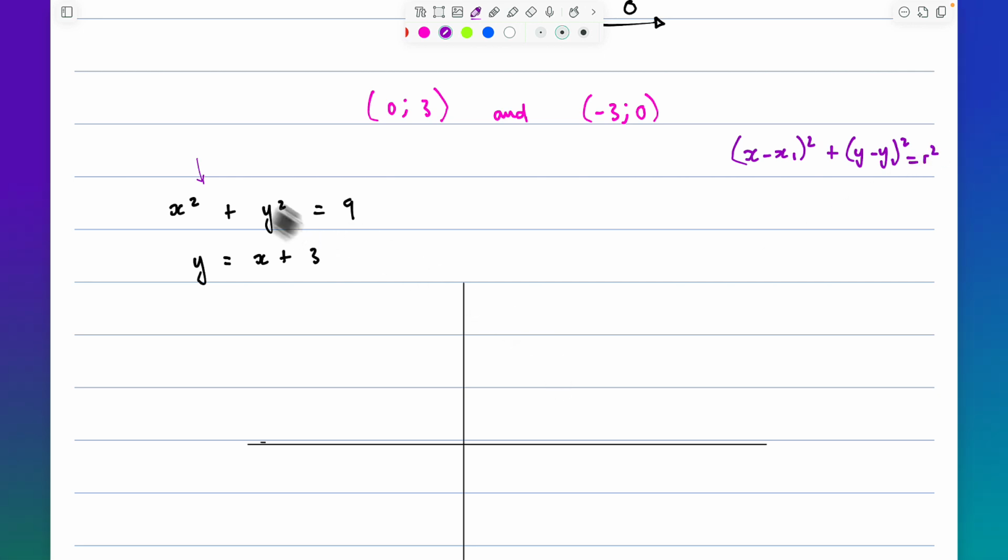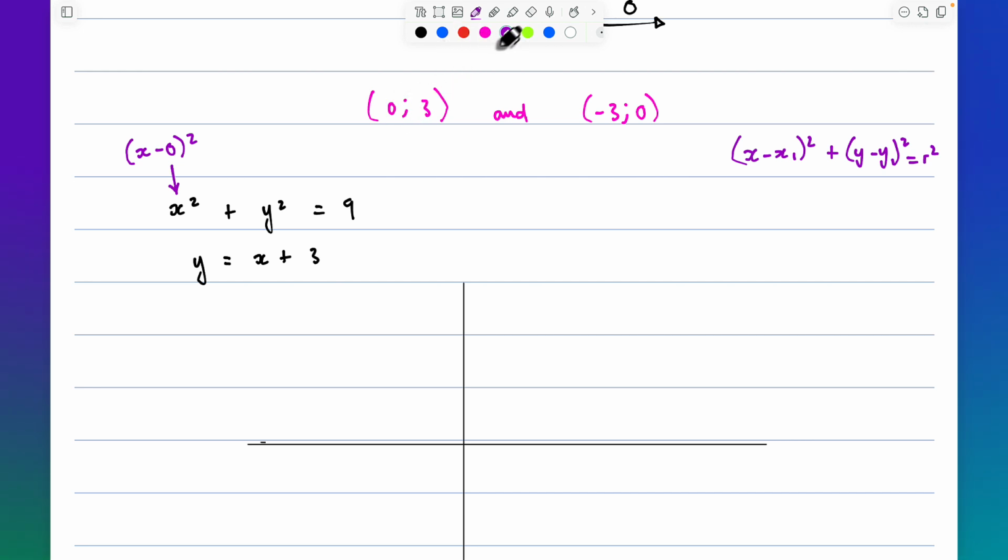So in this case, because there's no other x term, we know that this is the only x expression, which means this is basically the same as saying x minus 0 squared. All right. So that means your x coordinate is going to be 0.